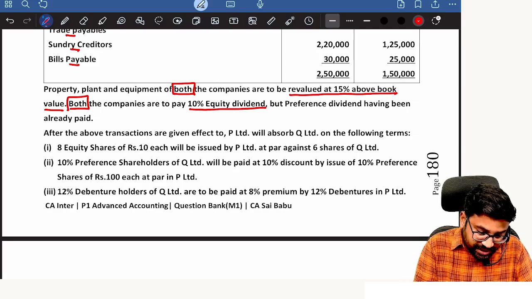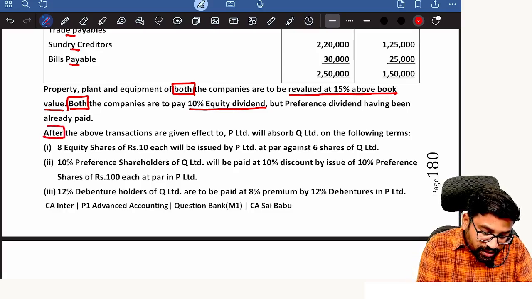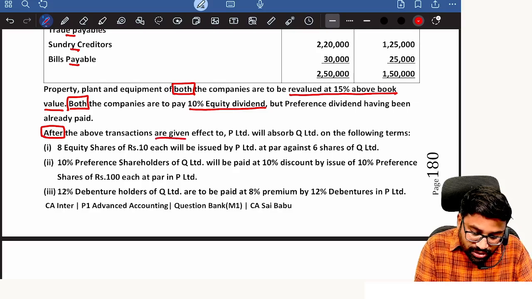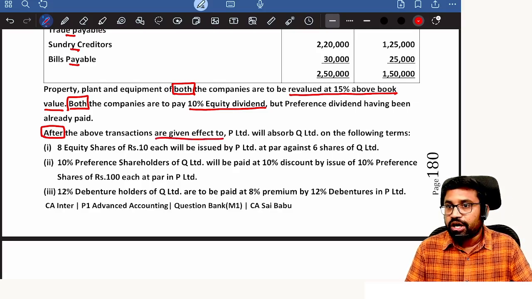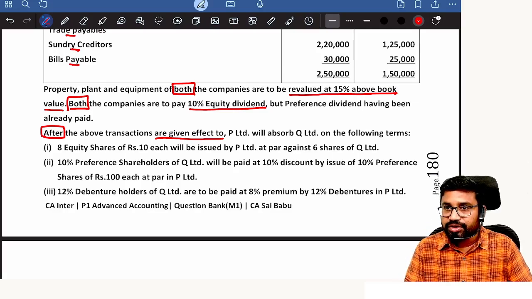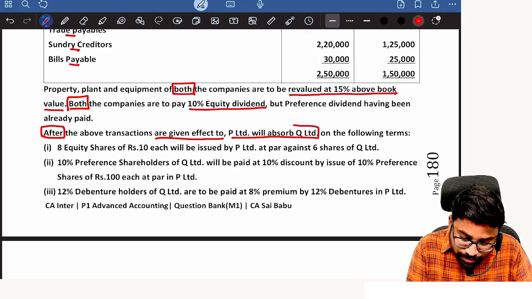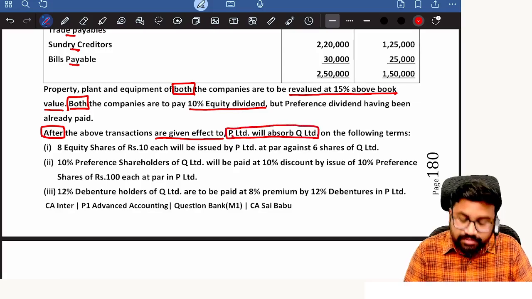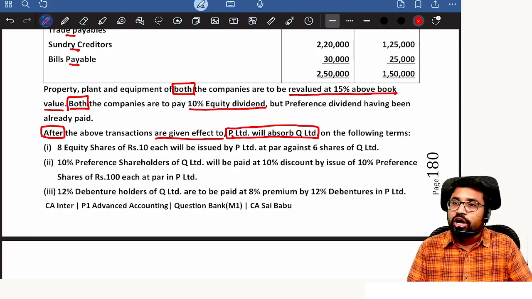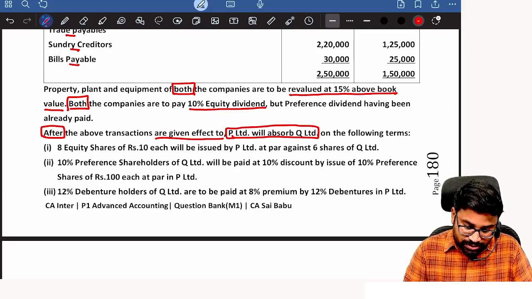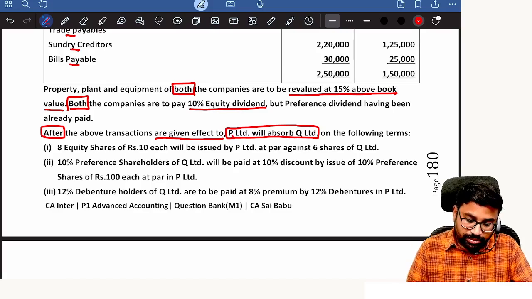Next what happens, see here. After the above transactions are given effect to, P Limited will absorb Q Limited. P will absorb Q. So P Limited will take over Q Limited.